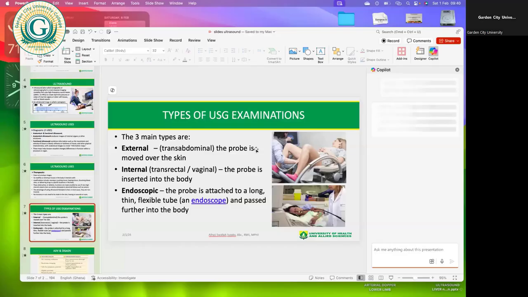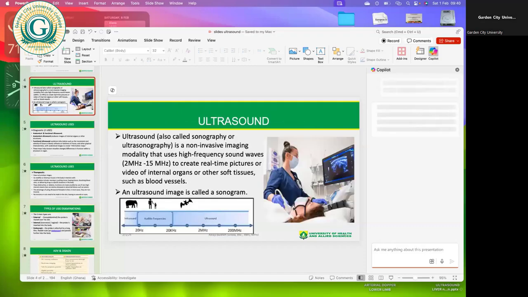Most of them are performed by putting the probe on the abdomen of the patient to visualize. So that particular type of examination is the external. To give you a reference image, this particular exam being done here, where you have the probe on the woman's skin, that is the neck, is an external examination.